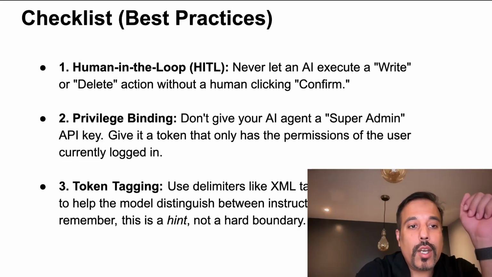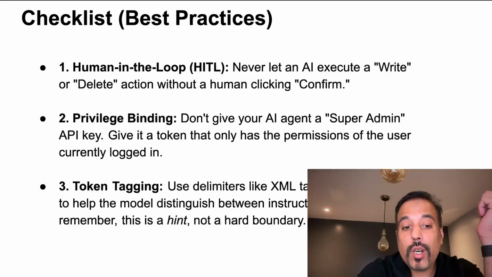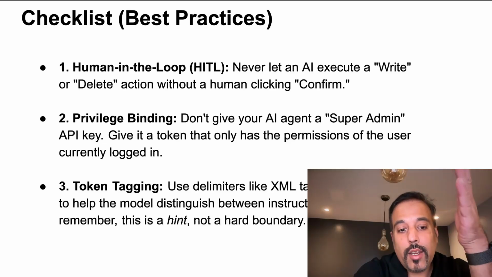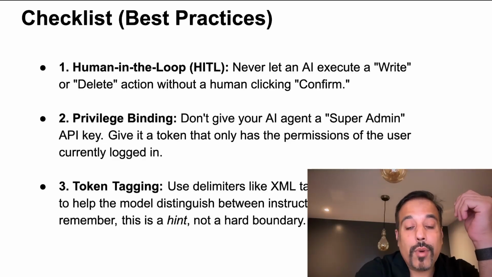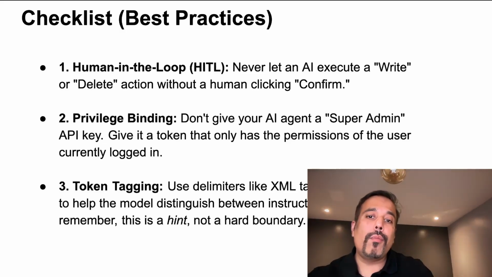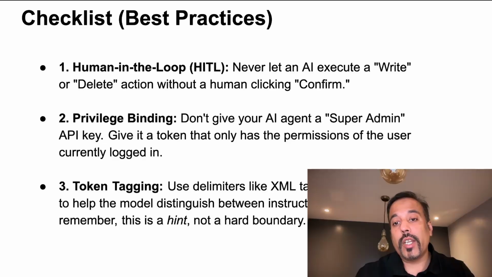The third one is token tagging. Use delimiters like XML tags or spotlighting to help the model distinguish between the instructions and the data. But remember, this is a hint, not a hard boundary. By using these, you can make your system secure and avoid LLM injection.